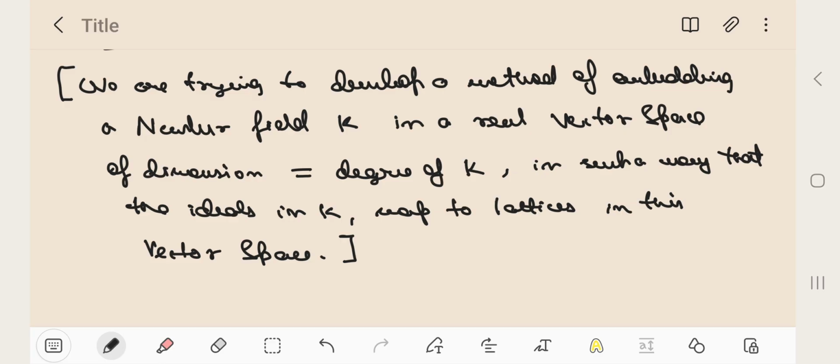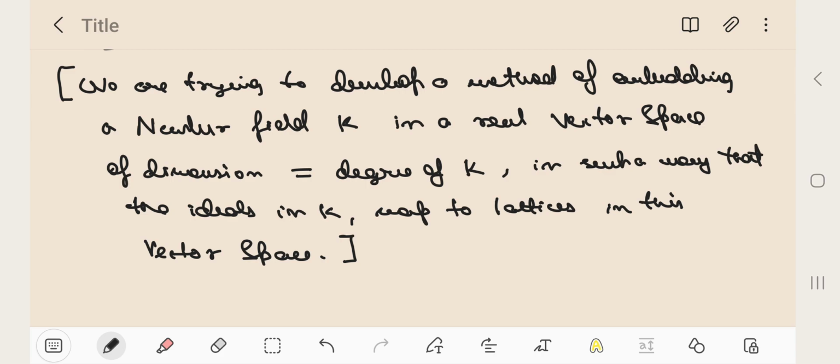What does embedding typically mean? It typically means that there exists some map such that the image of K under that map is completely inside the real vector space.